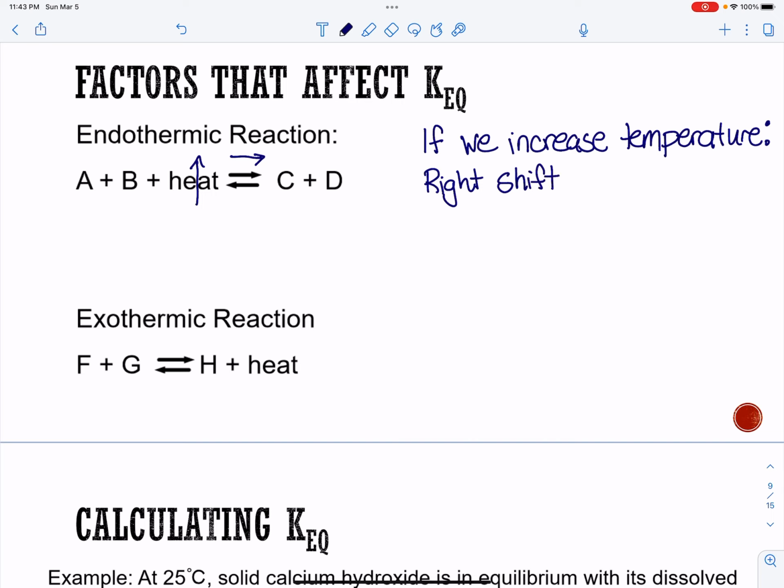Now, what a right shift means is that our forward reaction is faster than our reverse reaction for a little bit. That means we're going to be making more products, and we're going to be consuming more of the reactants, so we're going to be using up the reactants.